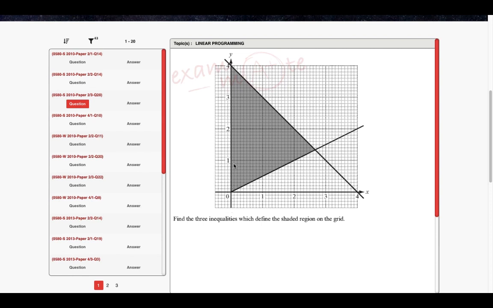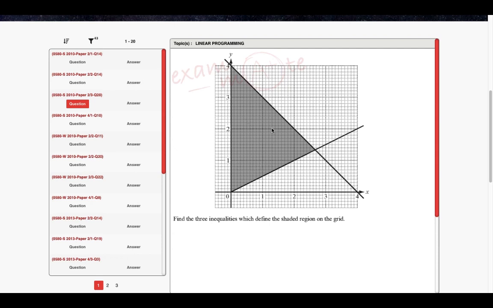This solid line passes through the 0 on the x-axis. The line we draw across the 0 forms the y-axis, and the y-axis line is actually an inequality line for this question. Because the required region is greater than 0, you say x is greater than or equal to 0.